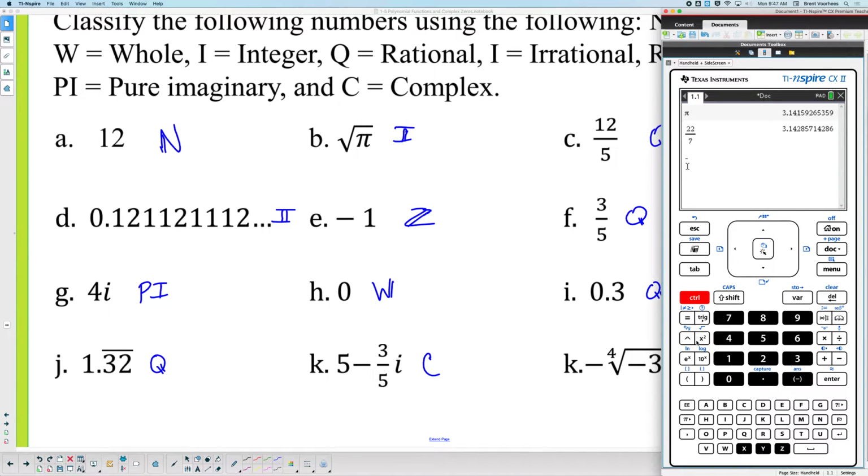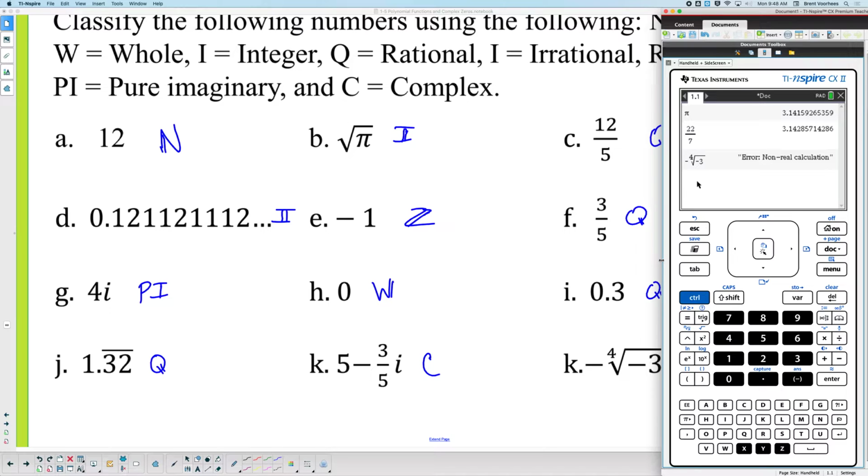Type in, do y'all know how to do fourth root? Right next to, you see the square root in blue there on my screen? Just to the left of it, which is control power button, you can type in a fourth root like that. 4, and then type -3. Press enter. What does it say when you do that? Error, non-real calculation. That's because this is imaginary.